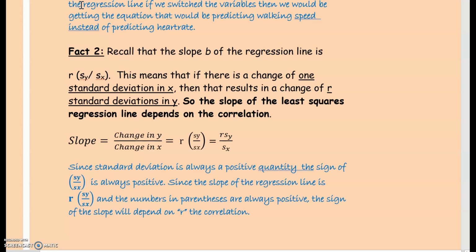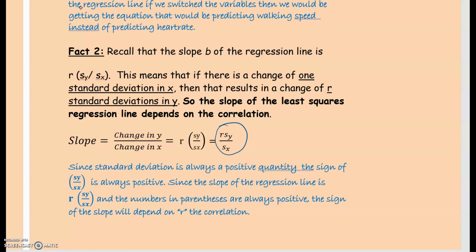Now, the slope of the regression line is calculated using this formula, r times s subscript y over s subscript x. S subscript y is the standard deviation of the y values, the response variable values, and s subscript x is the standard deviation of the x values, or the explanatory variable values.